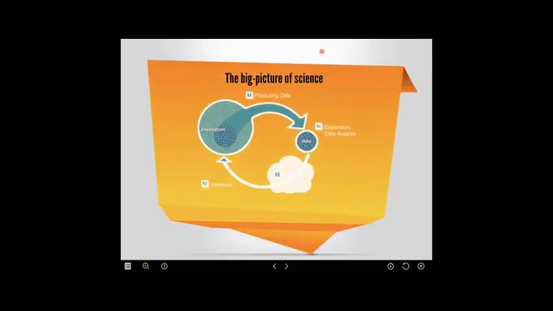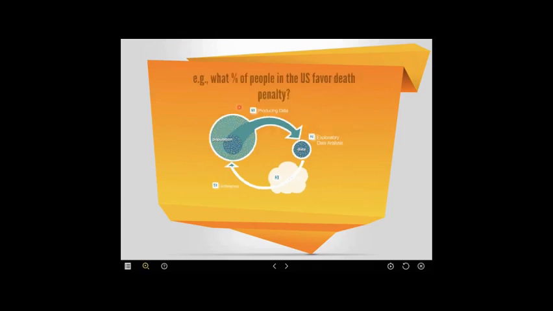So let's get to the basic idea, a big picture of science. Researchers ask questions about the population, and the questions they ask are related to the population. An example would be, what percentage of people in the US favor death penalty?